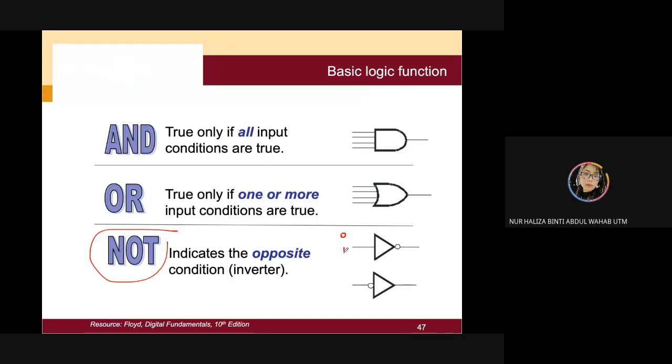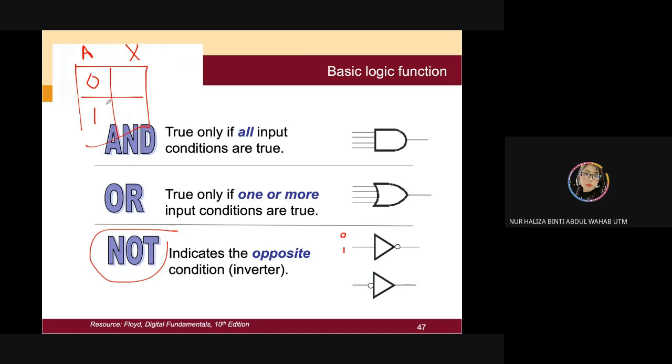So how will the truth table look like? Let's say you have the input of A, and X is your output. Whenever you have A as 0 and A as 1, you cannot have another possibility, right?